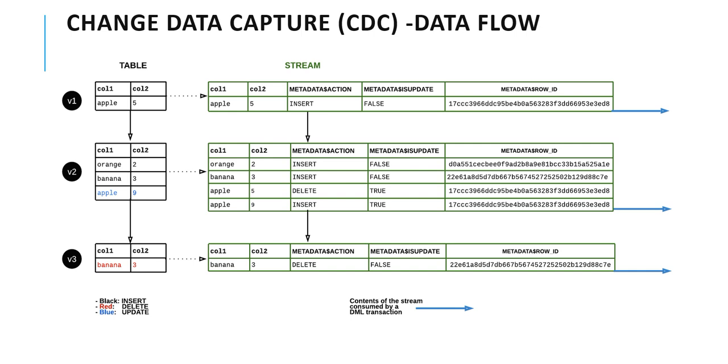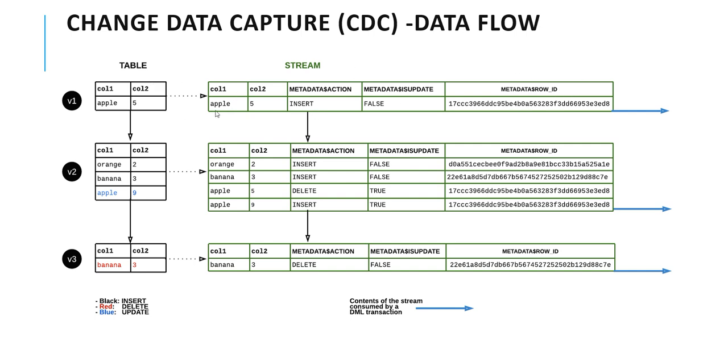You can check the diagram here, which is the change data capture data flow. You can see the table here with columns 1 and 2, where the name is an attribute, apple, and this is the value 5. Three columns are automatically generated: metadata action, metadata update and metadata row ID, which is unique.